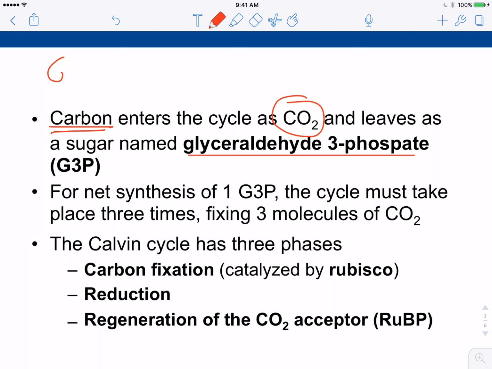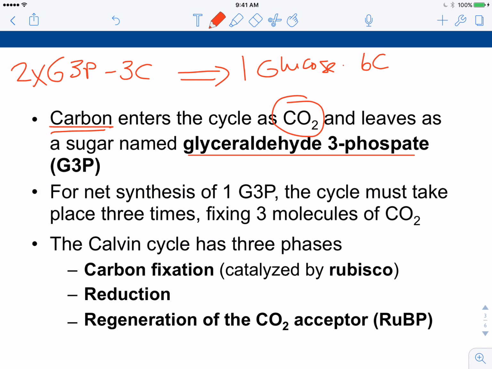So G3P is a 3-carbon sugar, and glucose is a 6-carbon sugar. So it takes 2 molecules of G3P to make 1 molecule of glucose. To get 1 G3P, the cycle needs to take place 3 times, fixing 3 molecules of carbon dioxide into that 3-carbon compound.